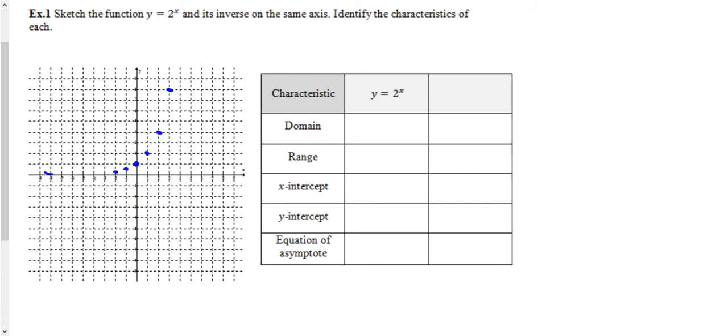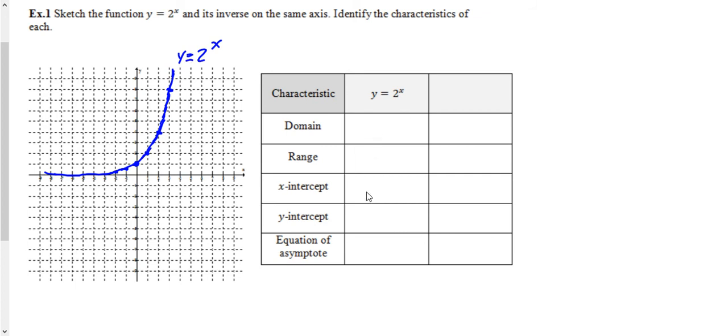I'm going to try my best to sketch my line on here. My line's basically going to run above the x-axis there. I kind of dipped below, but it should be really above the x-axis because we have a horizontal asymptote. And there we go. There's my y = 2^x function.